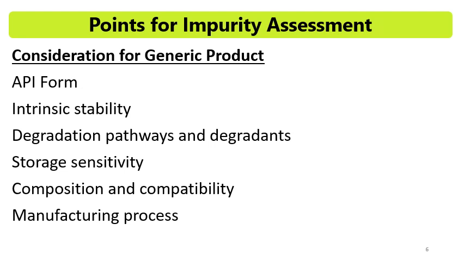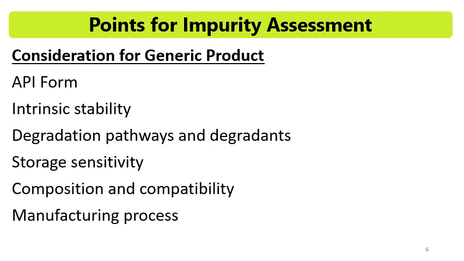Then storage sensitivity, whether the drug substance is sensitive to environmental factors like temperature, humidity or light. Then what is the composition of the generic product? Whether there is any stabilizer or any acidic or basic material which may have an impact on the API stability and in turn on the formulation stability.